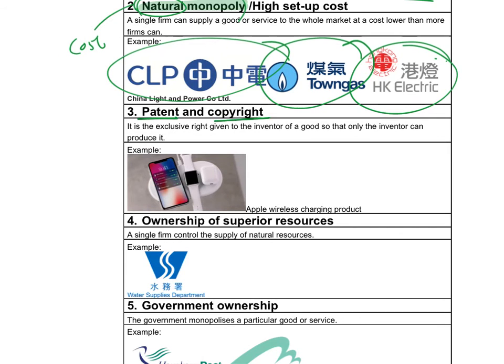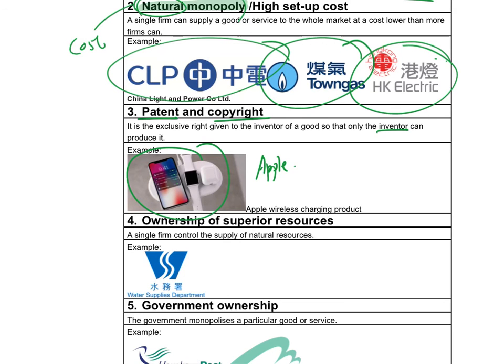The third one would be patents and copyright. That's protected not by the government, but by the law. Some inventors have new ideas and they apply for patents, so no one can copy their ideas. They can become the only one. Apple, for example, has many special technologies that it uses in its own products only.